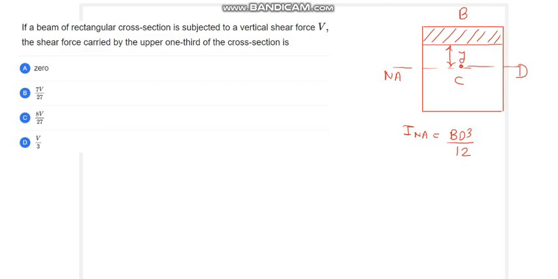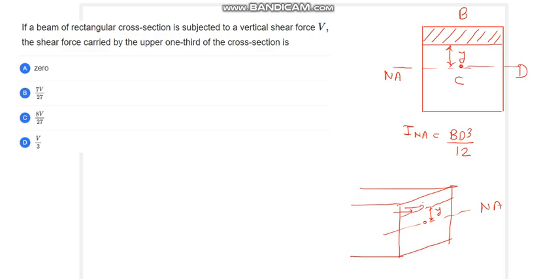if we draw a three-dimensional geometry for this section, this is the neutral axis, this is the section of beam, the span of beam, and this is the section at a distance y. Here are the shear forces acting in a transverse direction.